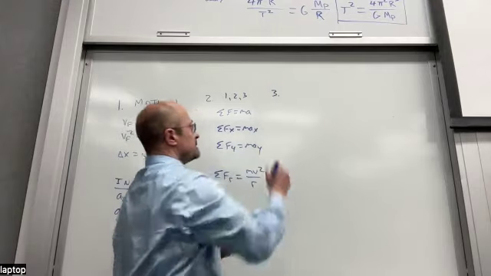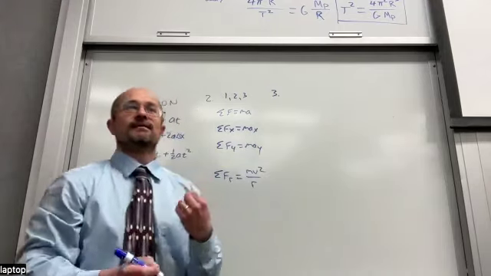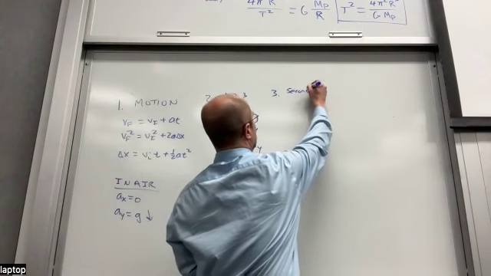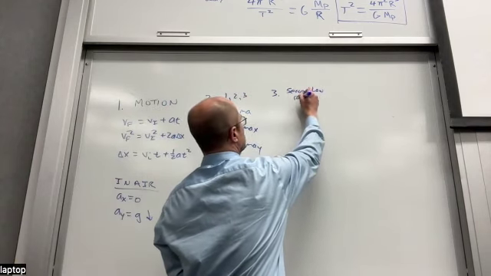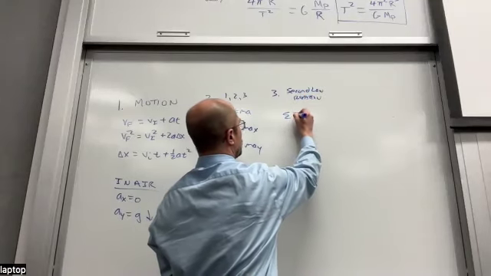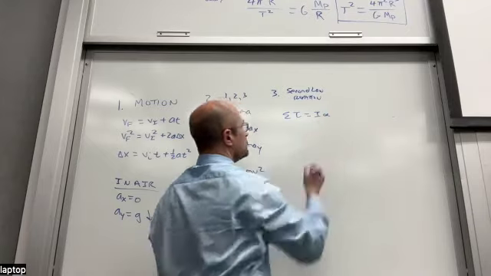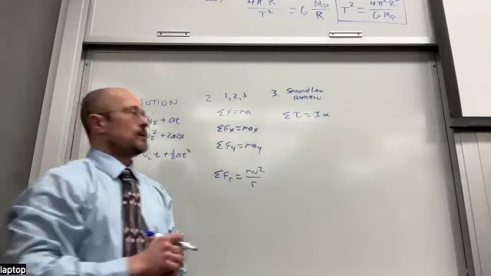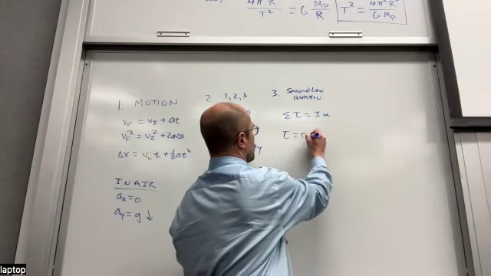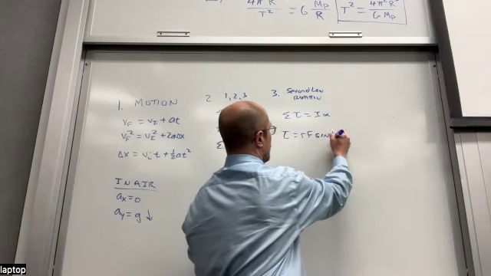Third, this is related to the second law in rotational form. This is the sum of the torques is I alpha, where tau is the torque, and torques are R F sine phi.